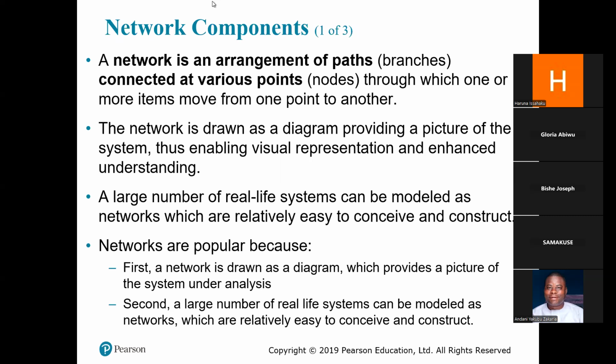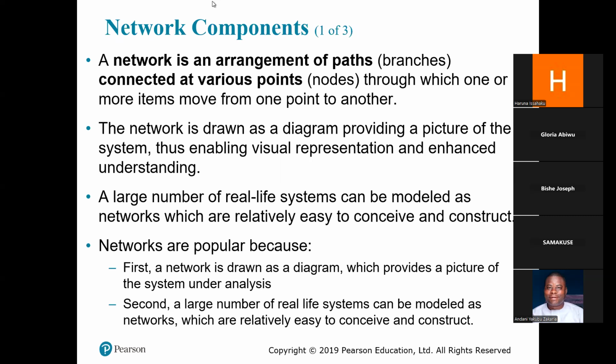We've seen within management science that networks are becoming more popular, and there are two main reasons explaining the use of networks in management science, or data-based decision making.